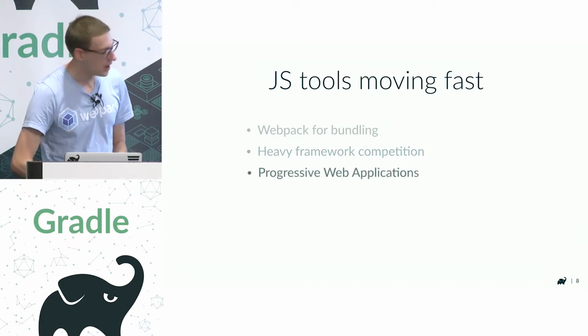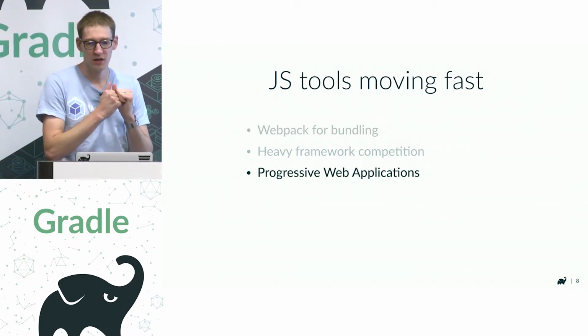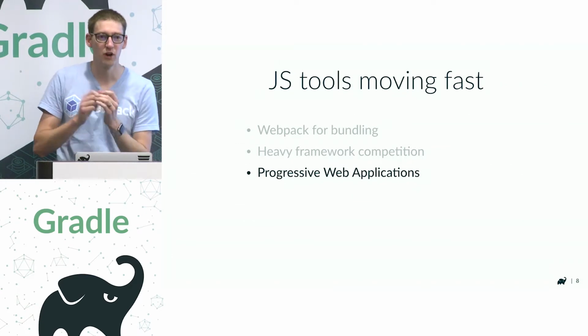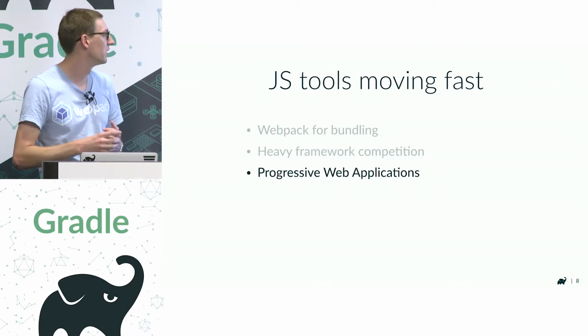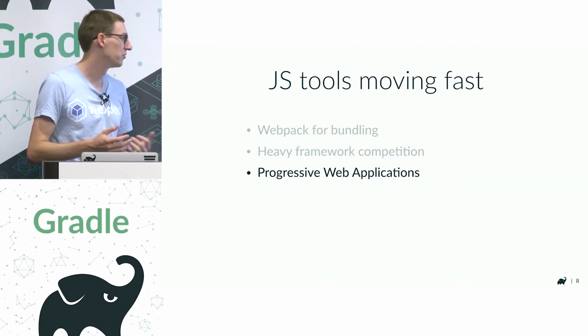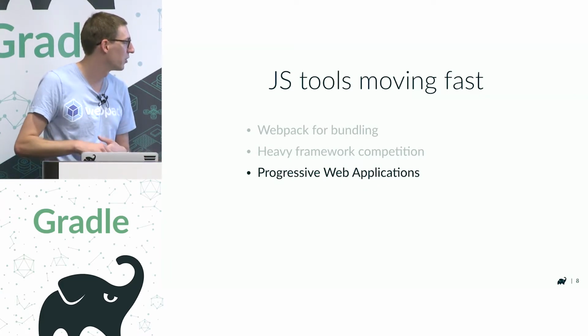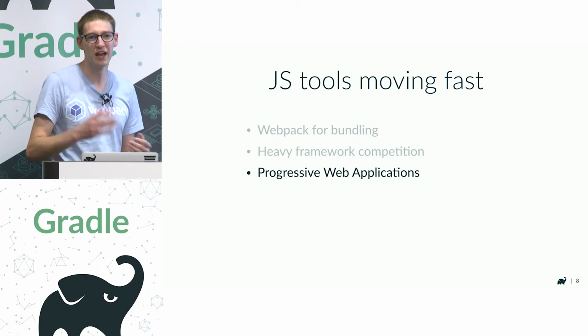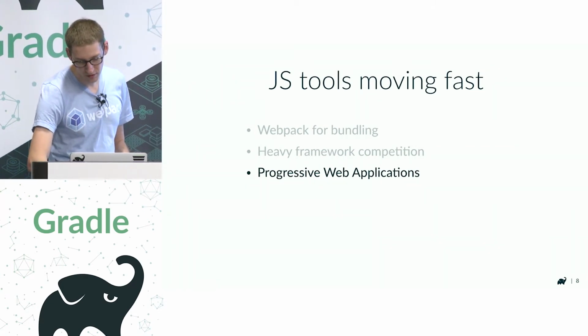Progressive web applications is a concept for essentially offline first or installable web applications. They achieve this through a new technology in browsers called service workers that allow them to basically compete with technologies like Android and iOS, where you really have the app right there on the web.